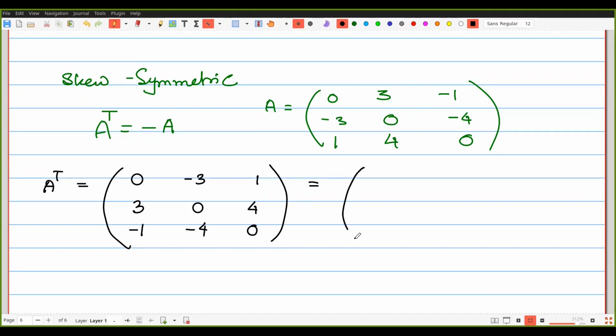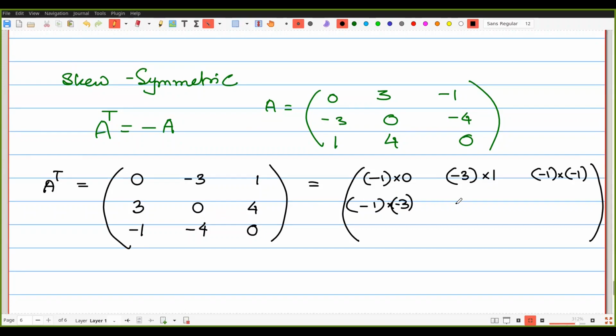Now I am writing it in a different way. 0 means we can write minus 1 into 0. Minus 3, we can write minus 1 into 3. 1, we can write minus 1 into minus 1. Remember that is plus 1. That's why we have written it as minus 1 into minus 1. 3, so that means we can write it minus 1 into minus 3.